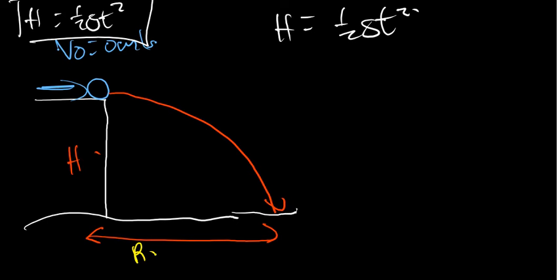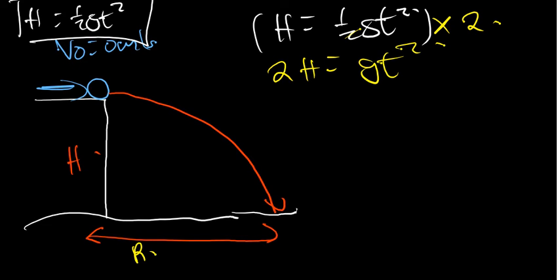As you can see, if we want to get time, we can just multiply the whole of this formula by 2 to get rid of the half on the right-hand side. So 2 times h, I'm going to get 2h is equal to, then half times 2, these 2 are going to cancel. So we're going to have gT squared.